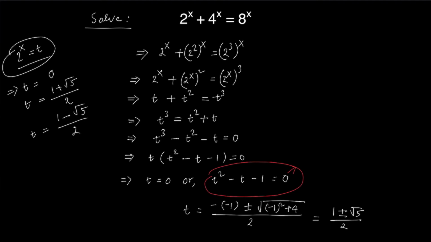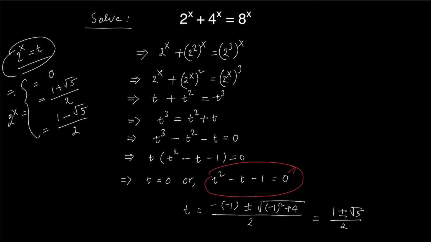Now t is 2 to the power x. So basically we get three values of 2 to the power x, right?